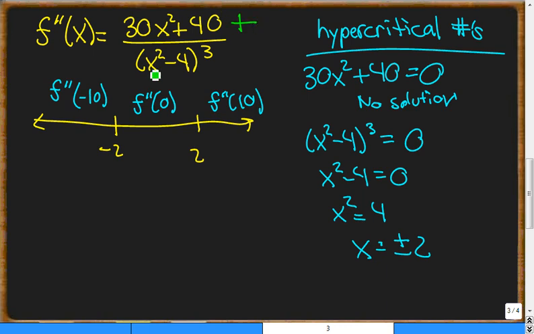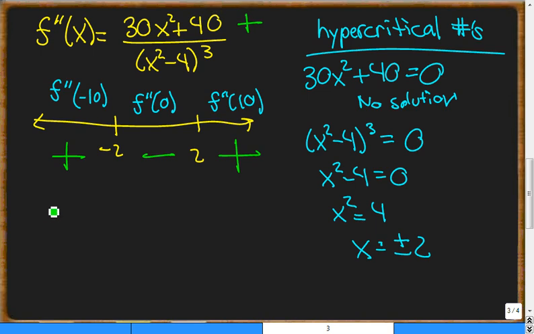Our denominator, because negative 10 squared is large enough, is going to be positive. So we have a positive number here. Again, our numerator is always positive. If we plug in 0, you can see down here, this will be negative 4 cubed, which is going to create a negative. And then finally, if we plug in 10, we'll again get a positive.